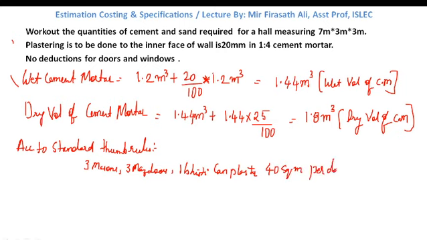This is nothing but the standard clause. 3 masons, 3 mazdoors, 1 bhisti can plaster 40 square meters per day.